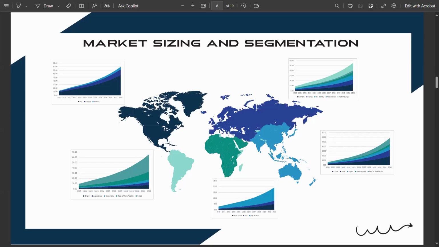But in terms of usage, China is still leading. For Africa and Middle East, we have South Africa leading in 2023, and in the remaining Latin America, Brazil led in 23 with the largest market share, and it is anticipated to dominate throughout the forecast period.